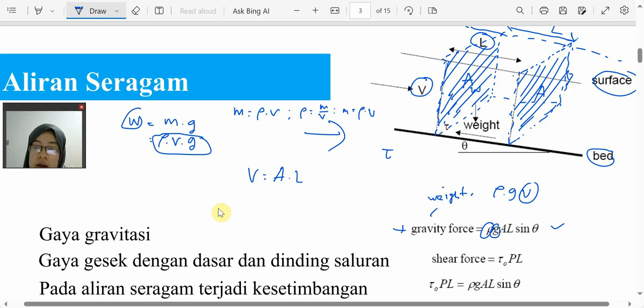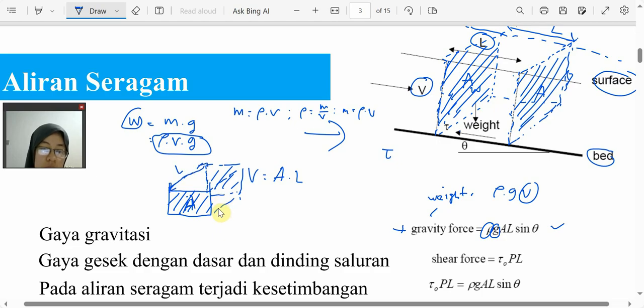So to calculate the volume, I calculate the cross-sectional area times L. From the front side, this is A, the area, and this is L, the length.